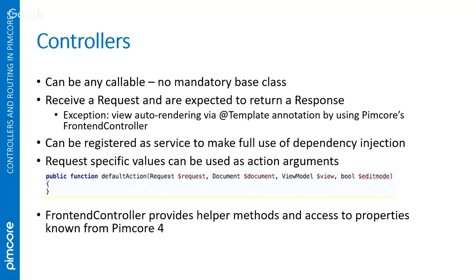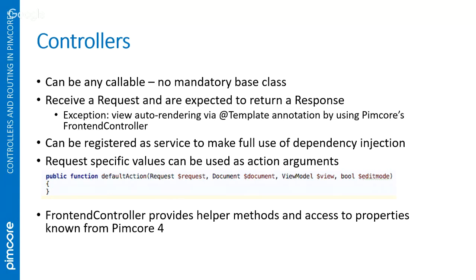If you have micro frameworks like Silex, for example, they use the same controller system as Symfony, and they're just anonymous functions. A controller receives a request and is expected to return a response object. So typically you get the request object, read some parameters and return a response object.